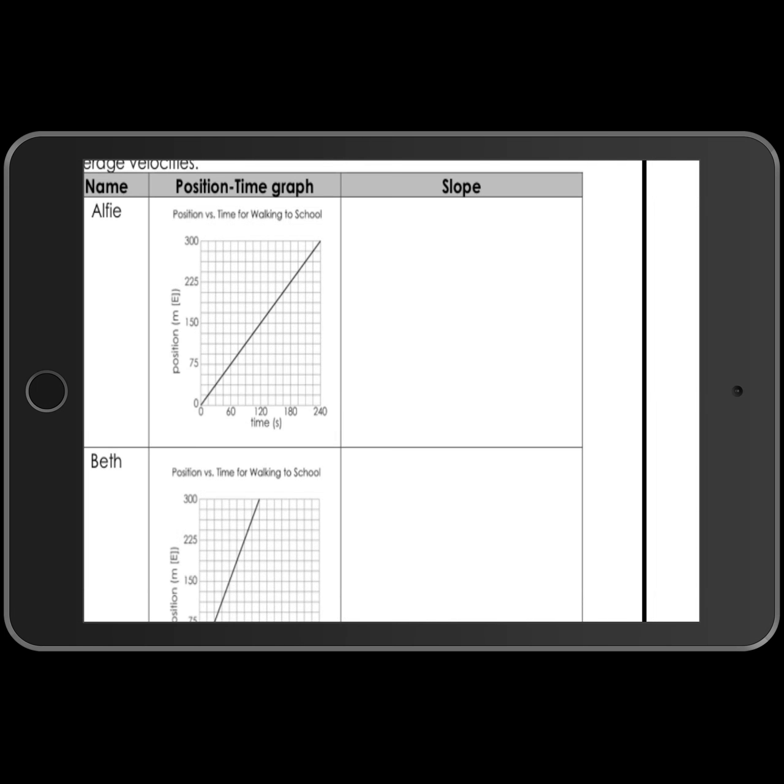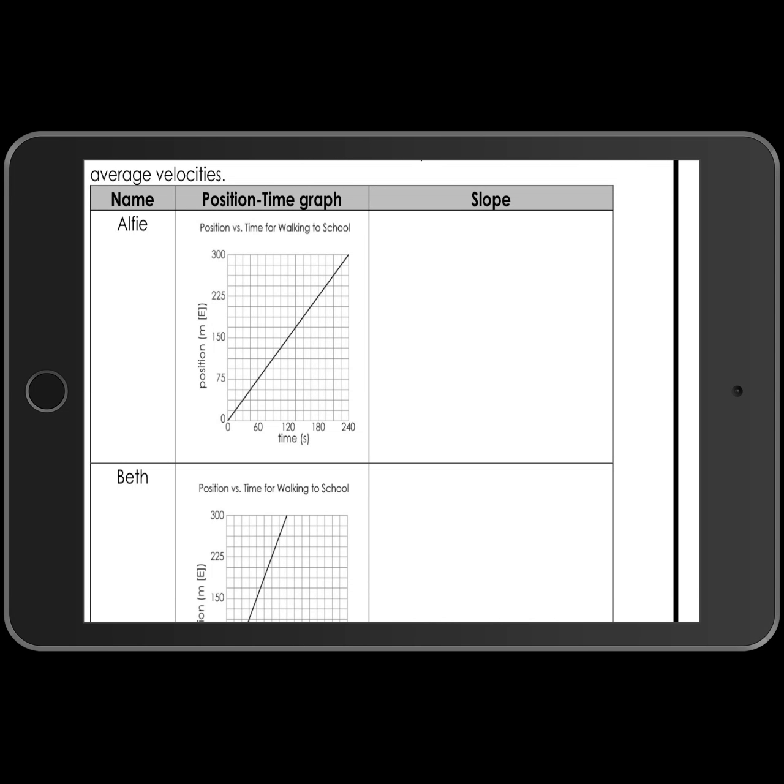Okay, so starting with this sibling, we're going to use the equation average velocity equals change in position over change in time.